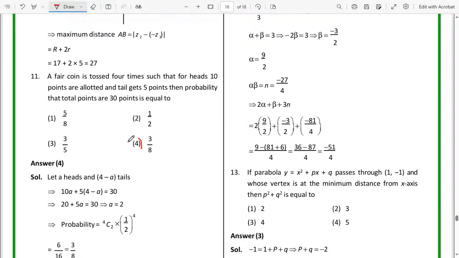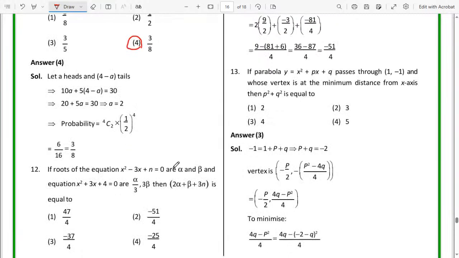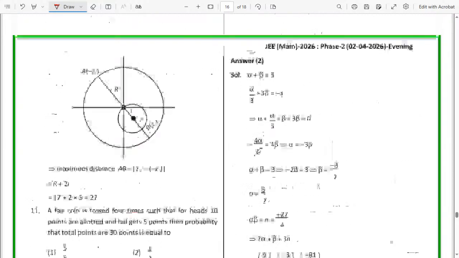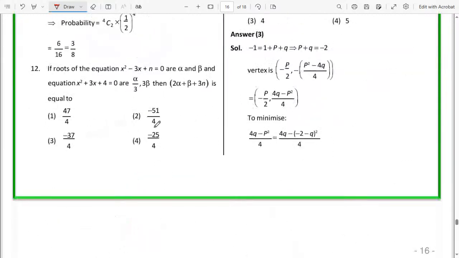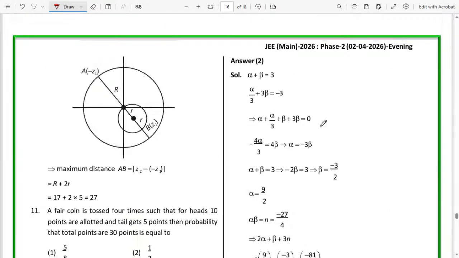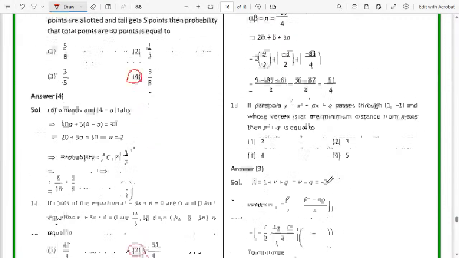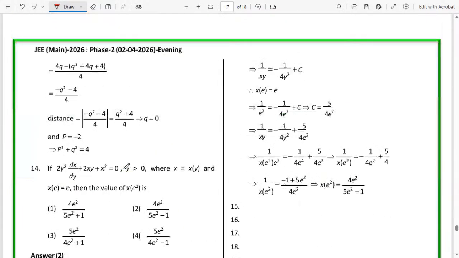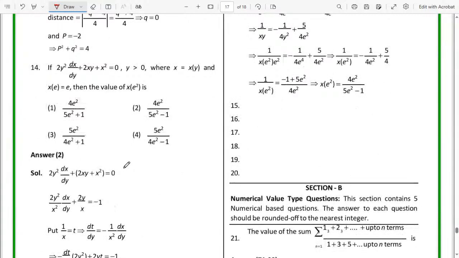Option 4 is the correct option. Question number 12. Yes, option 2 is the correct option. Question number 13. Option 3 is the correct option. Question number 14. Option 2 is correct.